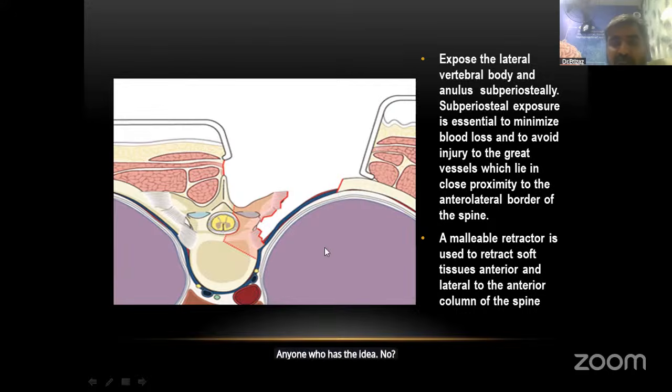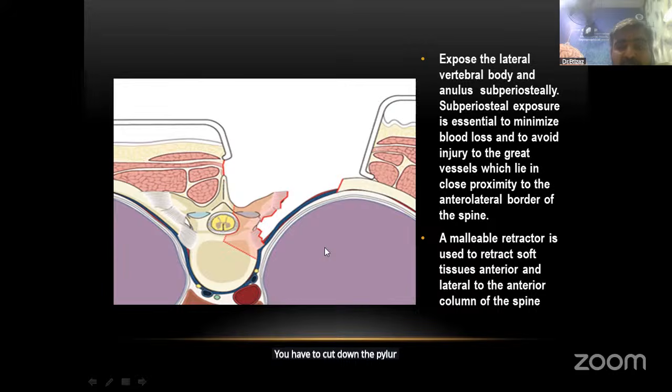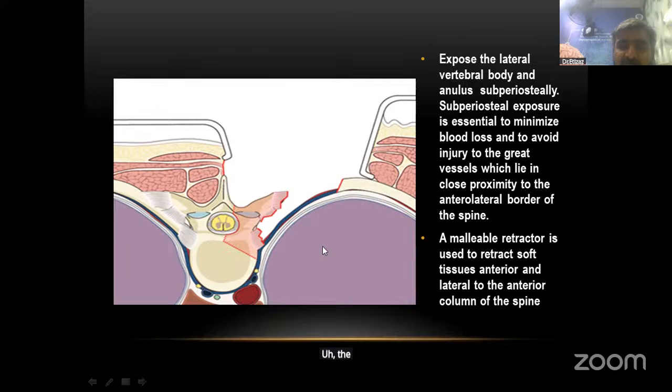You have to cut the pleura. It's the same fashion that we have done in the transthoracic approach anterolaterally. You have to cut down the pleura. After cutting, just retract it laterally in the same fashion as in the transthoracic approach. Now it will be easy for you to see all these structures, all these levels.